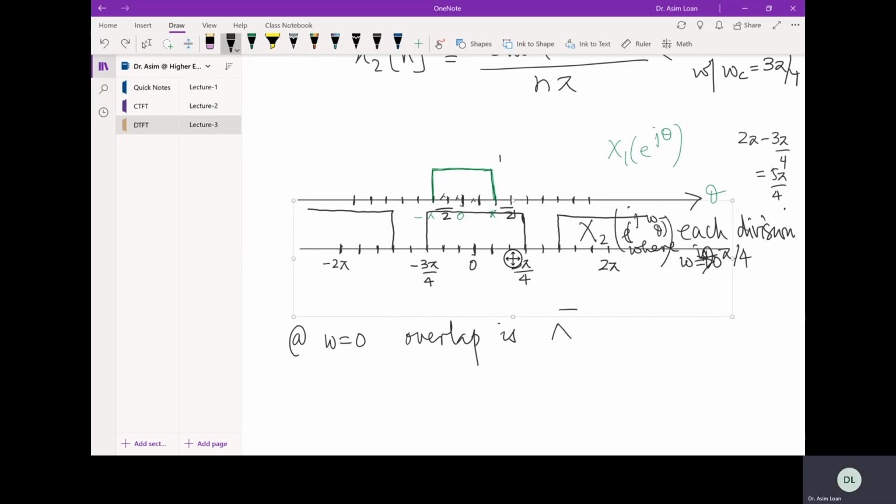So there's still 4 overlap. So this is pi. So at omega equal to pi by 4, the overlap is still pi.